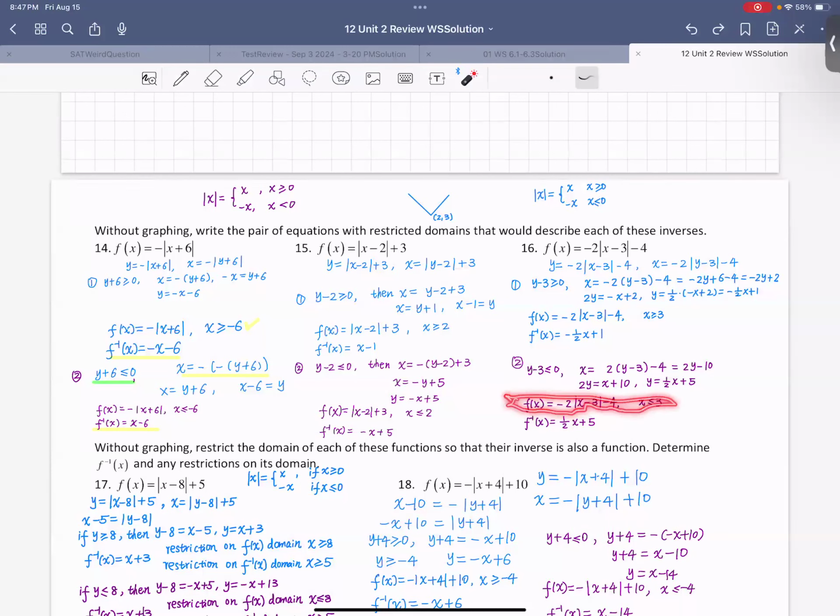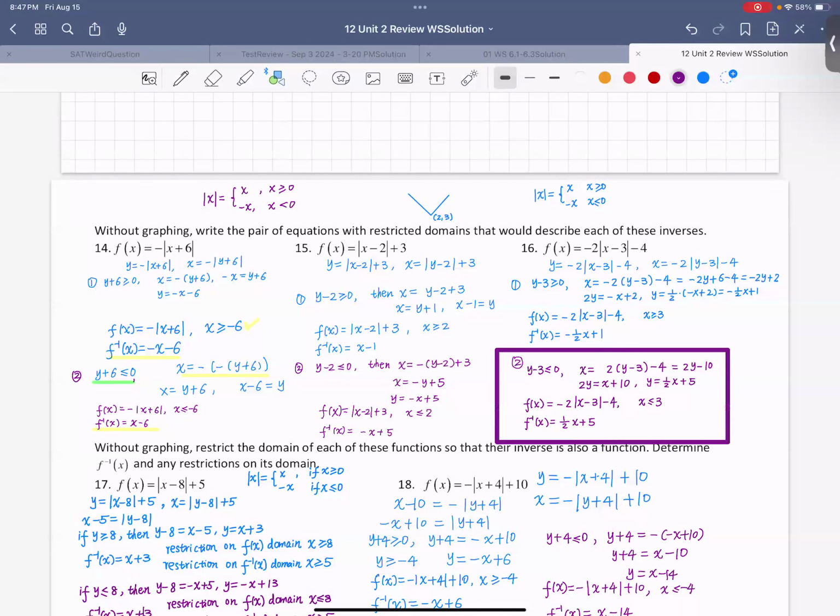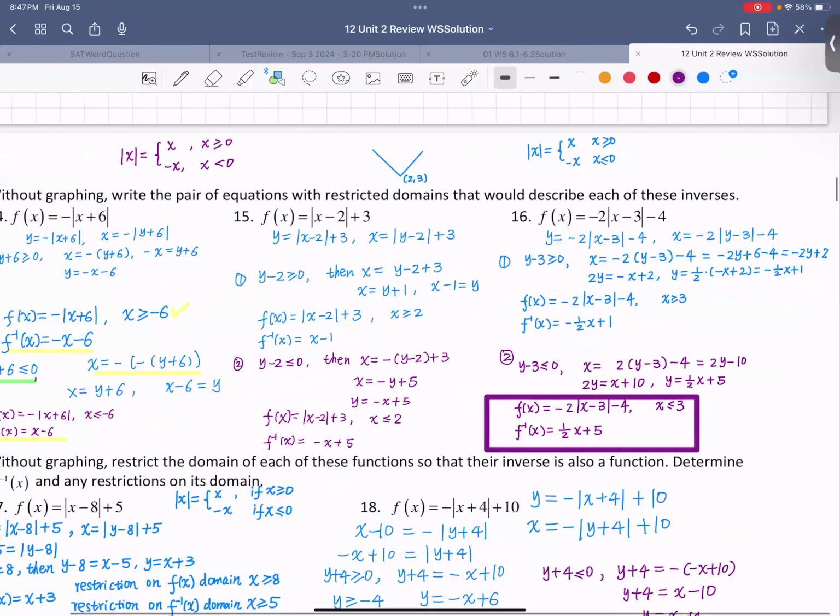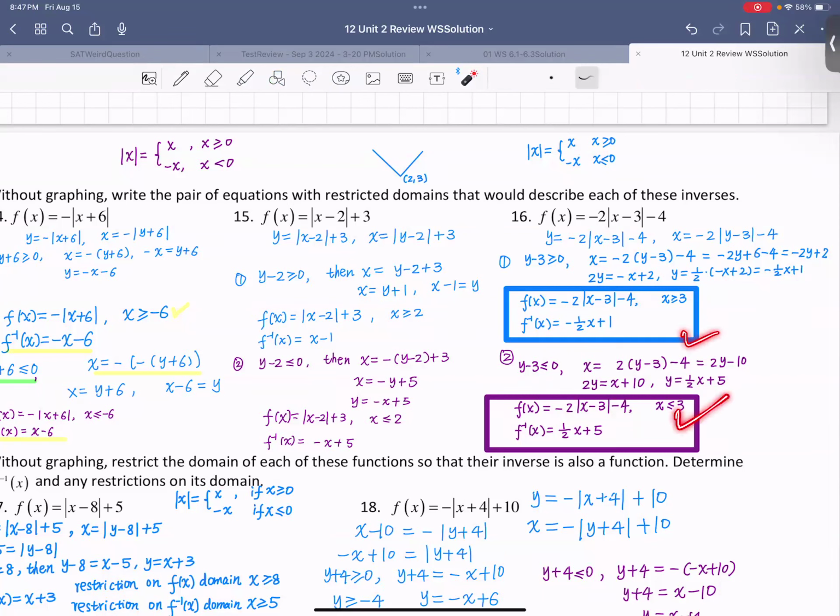So your final result, this is the thing you should box at the end. I'm looking for these two similar boxes, but with the correct matching.